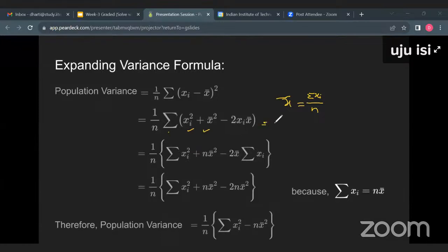So this will be equal to 1 by n, which is common as it is.